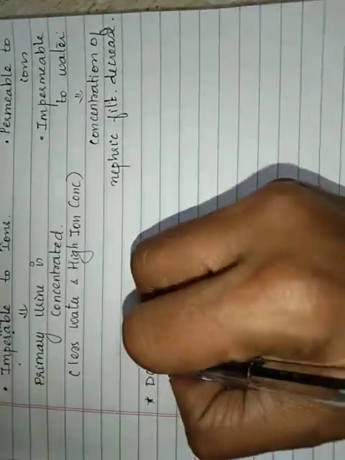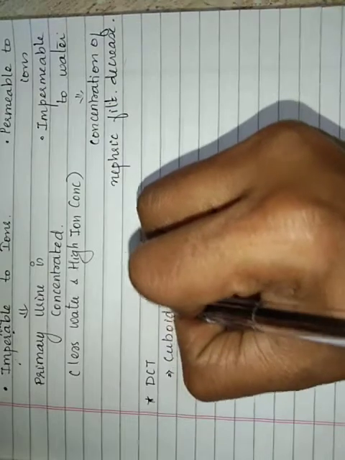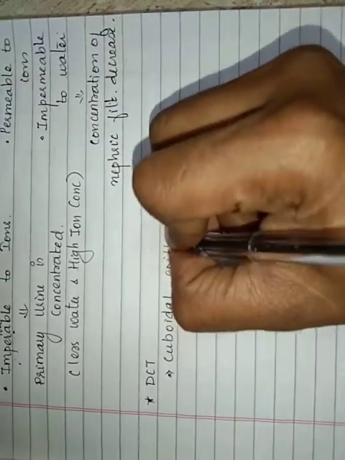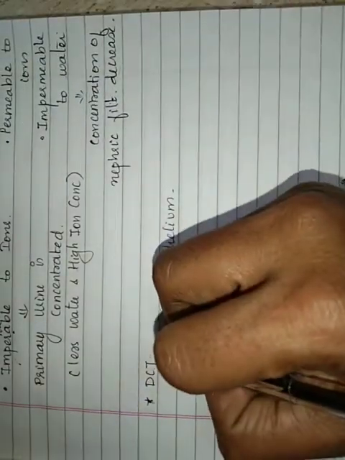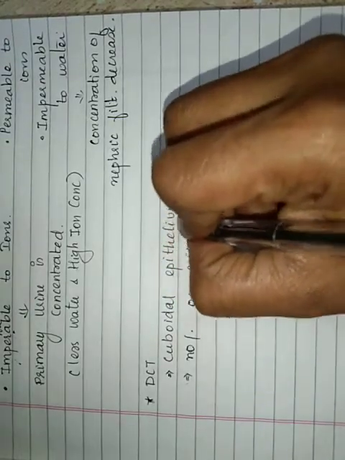to be lined with cuboidal epithelial cells, and this is also having microvilli, but the number of microvilli is less than PCT. So compared to PCT, DCT la வந்துட்டு மைக்ரோவில்லையோட நம்பர் வந்துட்டு கம்மியாக இருக்கும்.